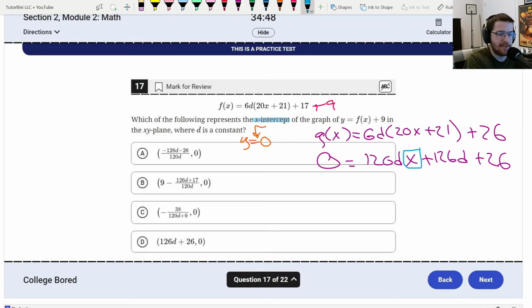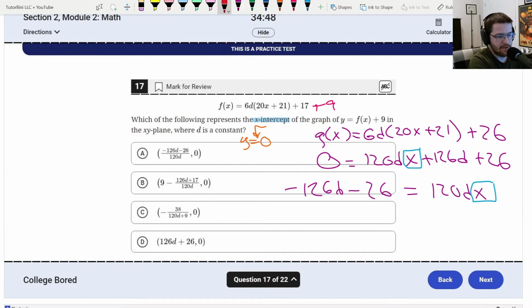And hopefully you guys can see, let me help you visualize. We want to get x by itself. So first thing we're going to do, reverse order of operations. We want to move the coefficient last. So we're going to get these guys out of here, and to do that, we're going to subtract both of them from both sides. So we get negative 126d minus 26 equals 120dx, and once again, just to make it easier for me to visualize, I'm going to put a box around it.